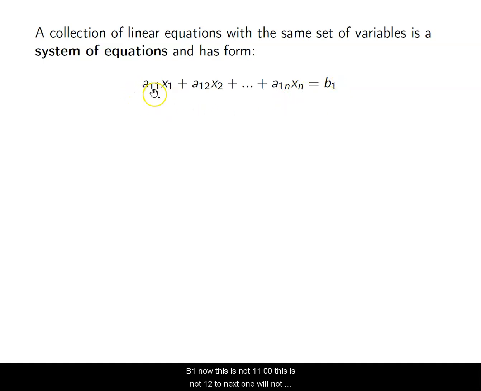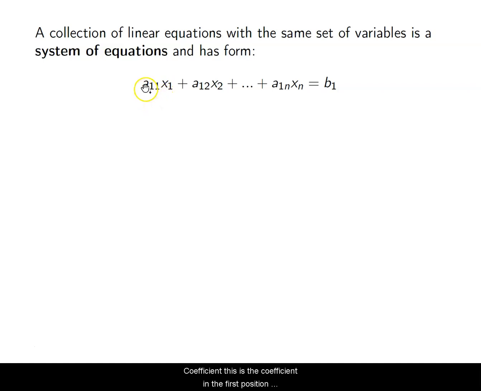Now this is not 11. This is not 12. The next one would not be 13, 14. It does not work that way. The first one in all of these is telling me that I am in my first equation. The second value in the subscript is telling me the position of my coefficient.